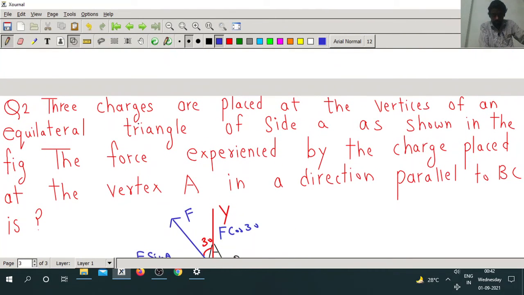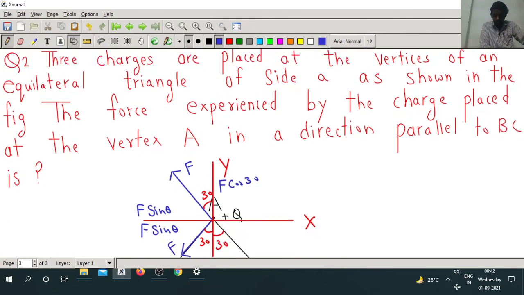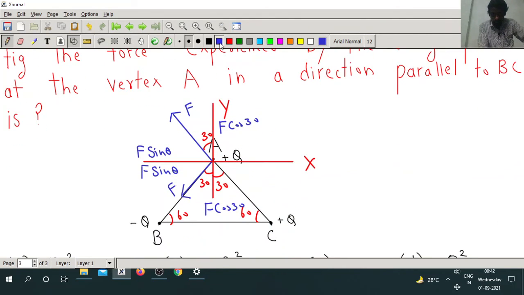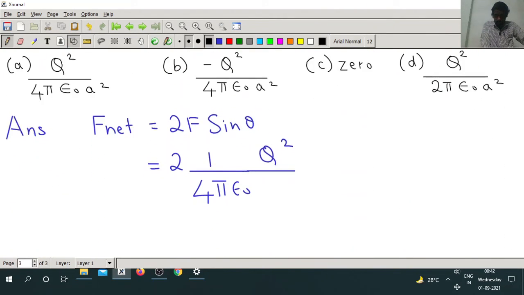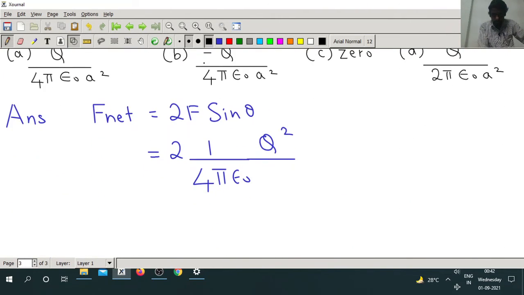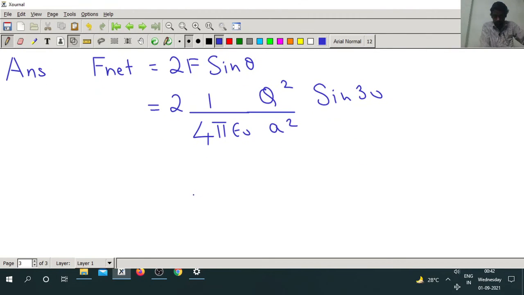As you can see, the three charges are placed at the vertices of an equilateral triangle of side A. So that means all these three distances are of side A. So the force is equal to 1 upon 4 pi epsilon naught Q square upon A square, and then you have to take this sin 30. So sin 30 is half.